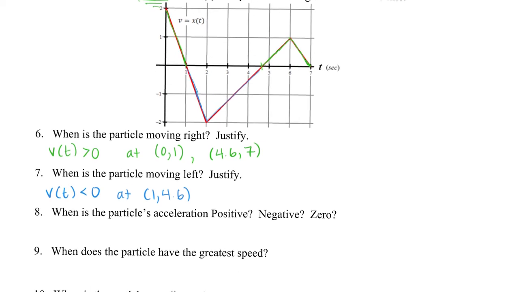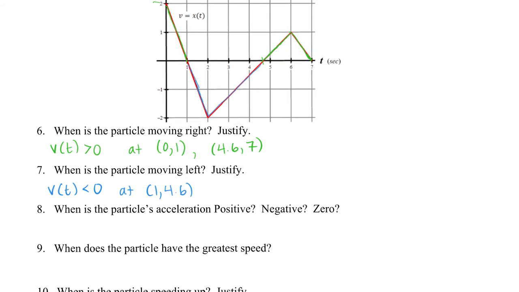When is the particle's acceleration positive, negative, or 0? Let me think about acceleration. What is acceleration? I want the acceleration to be positive. Acceleration is the derivative of the velocity, or the change in the velocity.